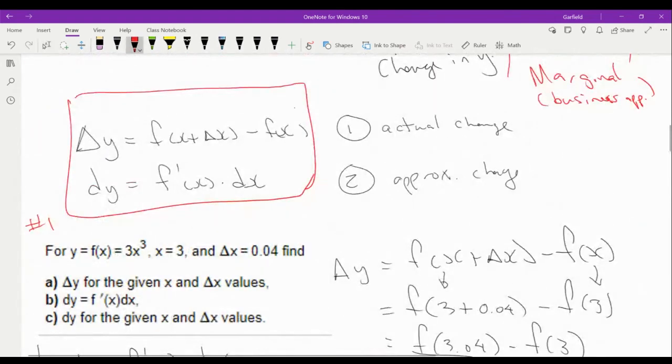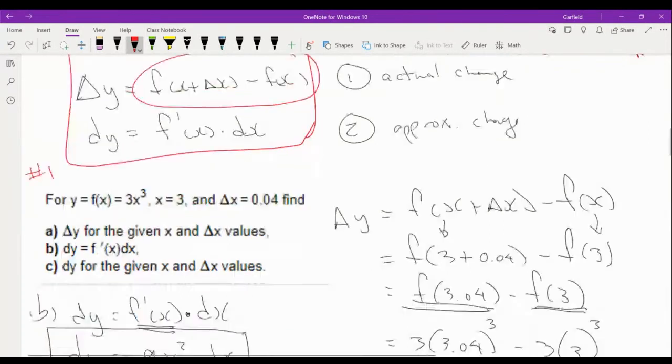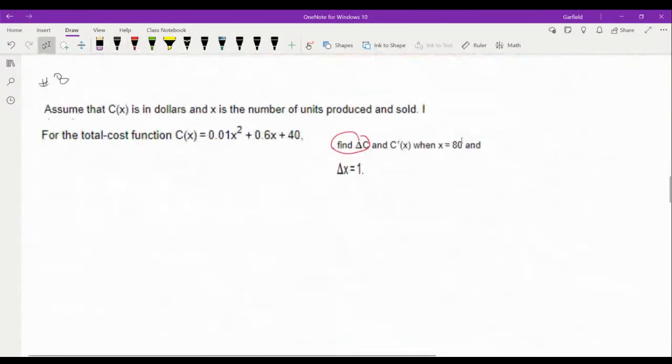And the true change is always going to be f of x plus delta x minus f of x. So that doesn't have the derivative in it. Okay, Marta?